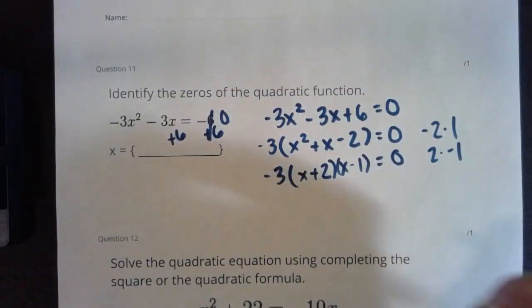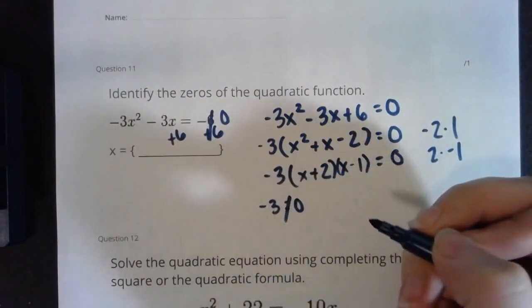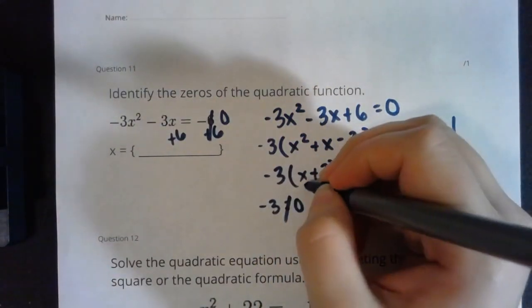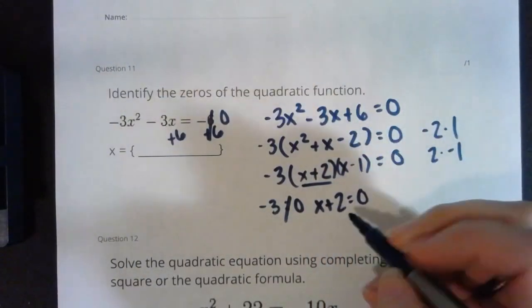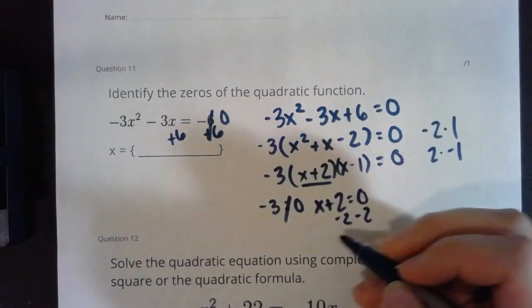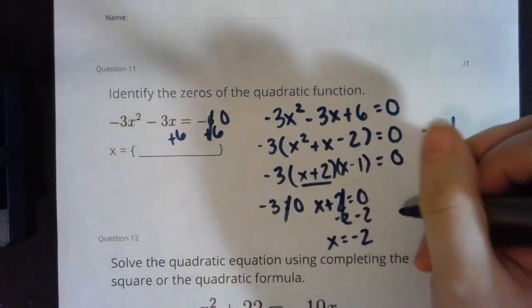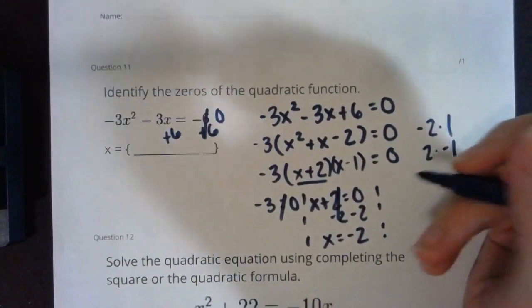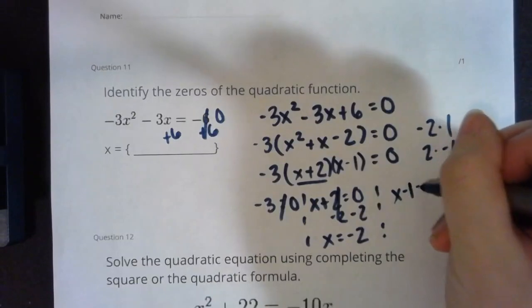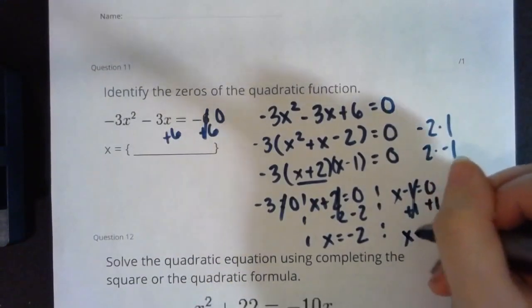So then, negative 3 will never equal 0, so the first factor in this will never equal 0. The second factor, x plus 2, will equal 0 when x is equivalent to negative 2. And then my third factor, x minus 1, will equal 0 when x is equal to positive 1.